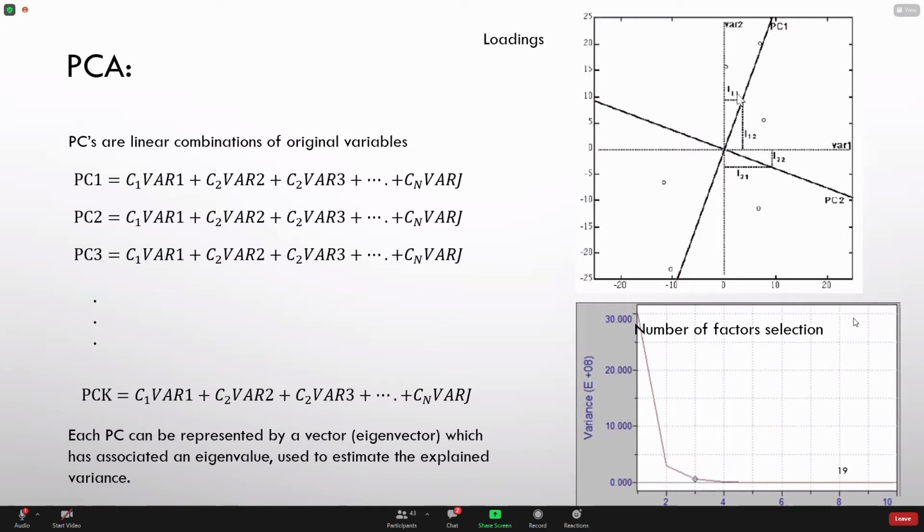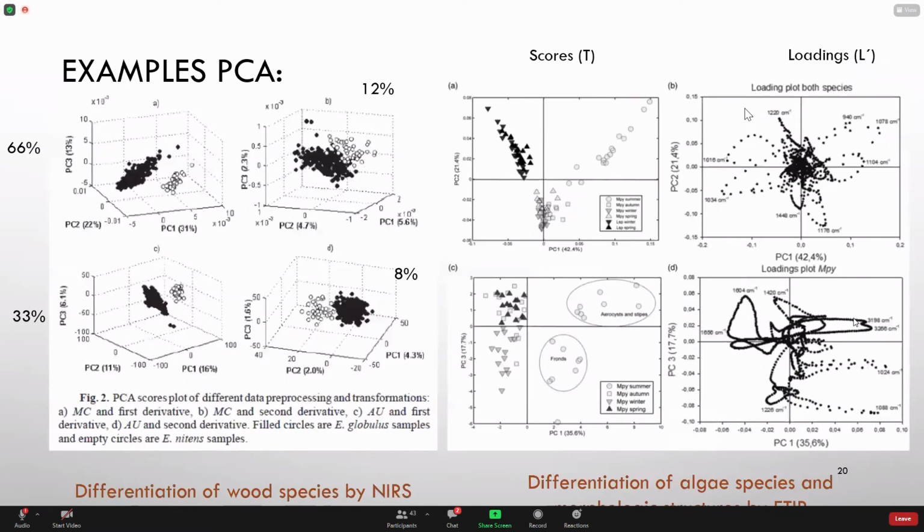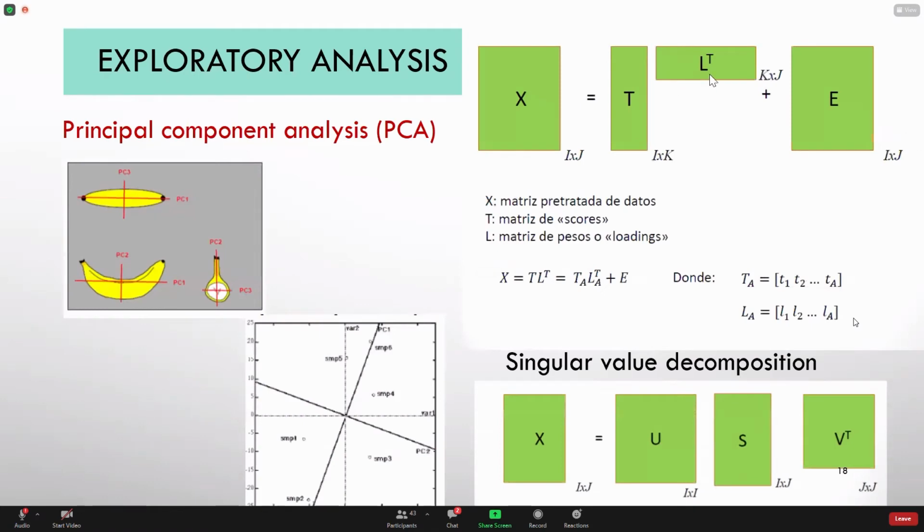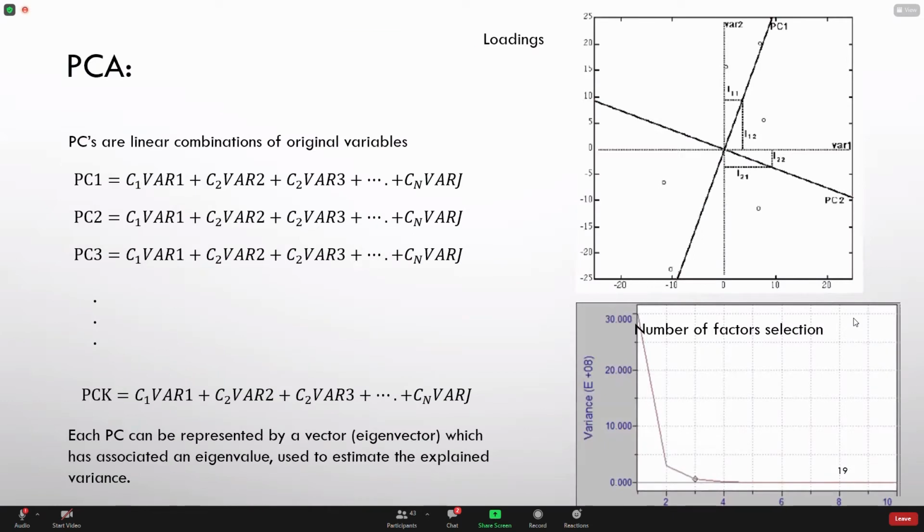The cosine of this angle can vary between -1 and 1, so we will have these values between -1 and 1 here in the loading matrix, and this value gives me information about the importance of the wavelength or variable for PC1, PC2, and so on. This is the linear combination that we have.